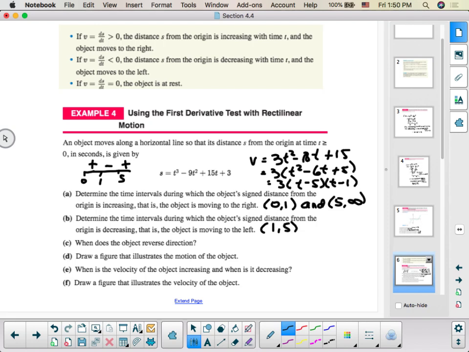We reverse direction when we change from the positive to the negative, so that happens when the time is 1. And then for the velocity increasing or decreasing, we are going to take the derivative to get the acceleration. The derivative of the velocity function is just 6t minus 18, which factors to t minus 3.